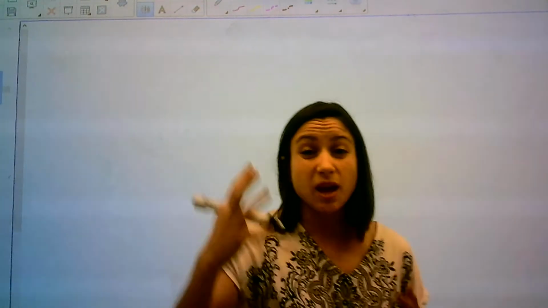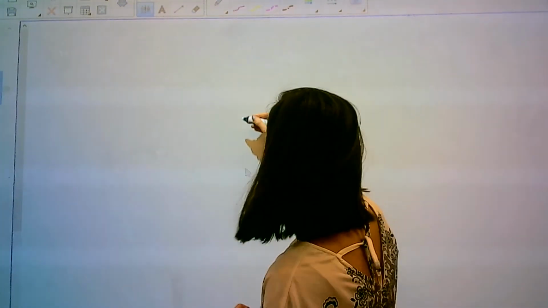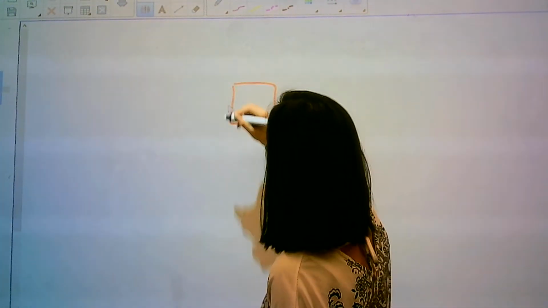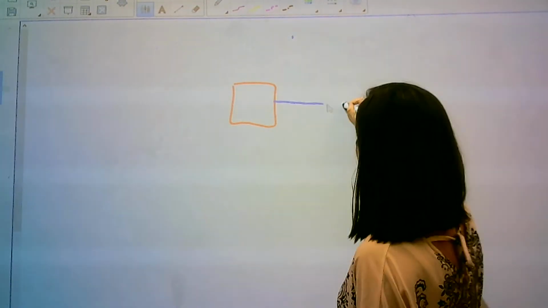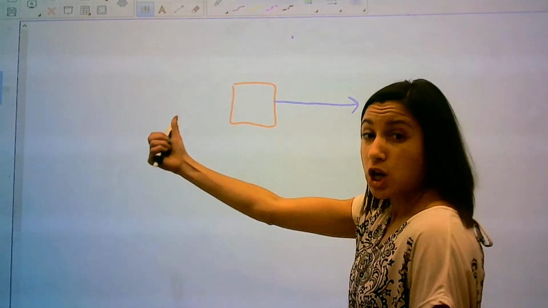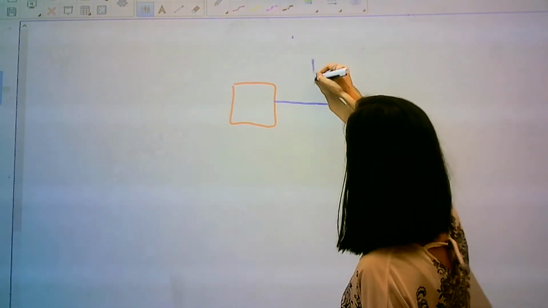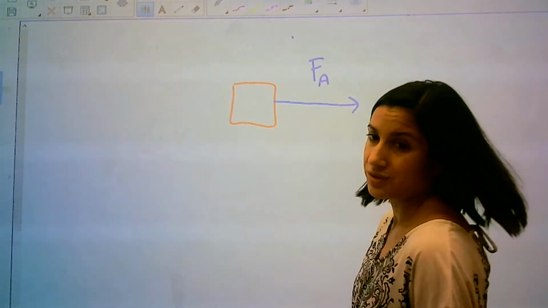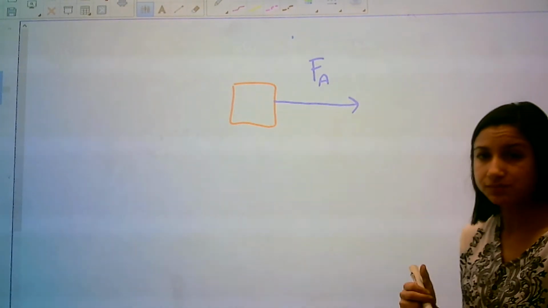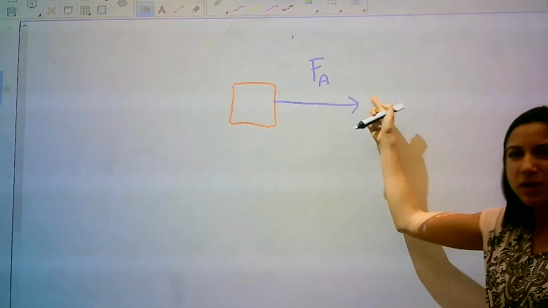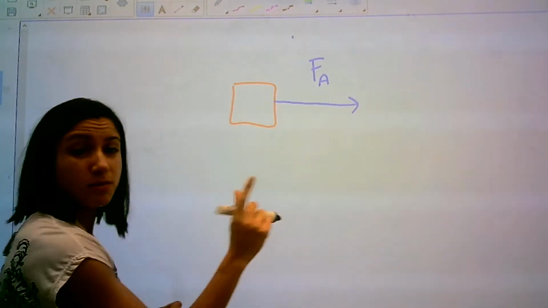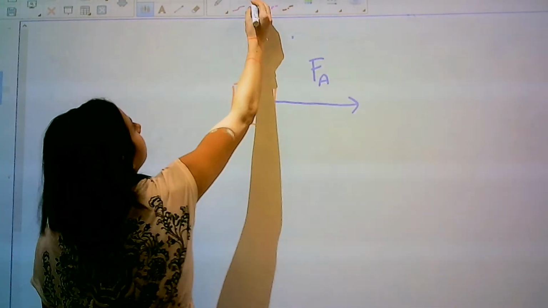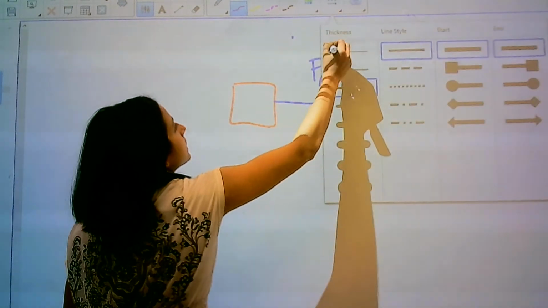Just to make sure we're all on the same page when I'm talking about the sum of the forces, let's check out this brief illustration. You don't have to write this down. Say we have this box, just like in our simulation, and the man is pushing it with an applied force, and it's accelerating in that direction. My arrow is really big because this is a big force. But I also have friction, which I'm going to put in pink.